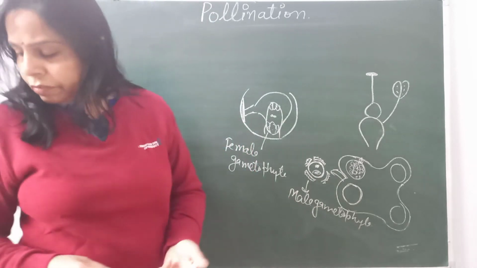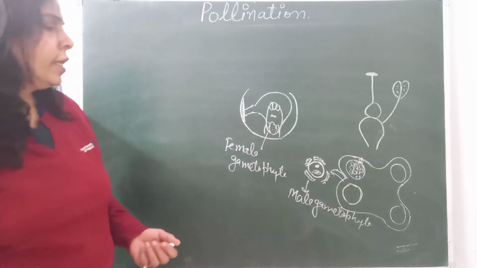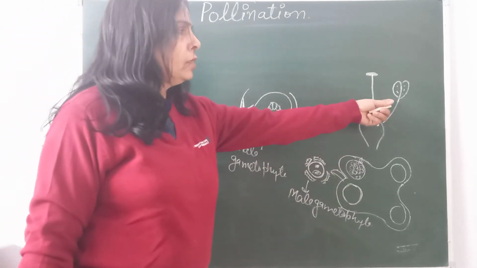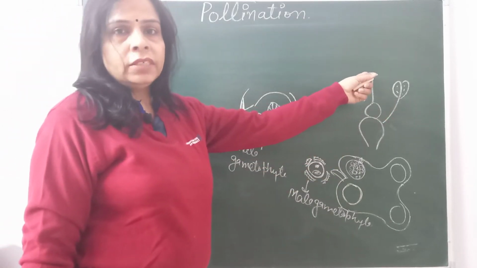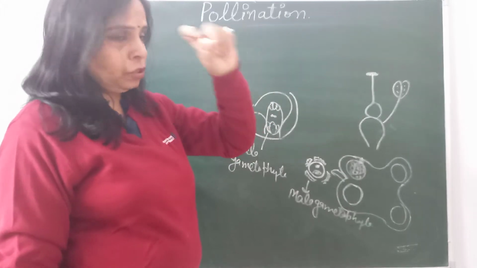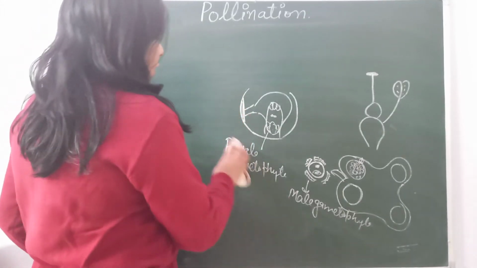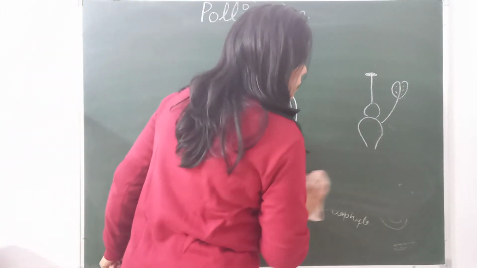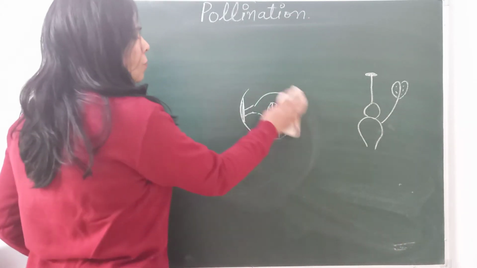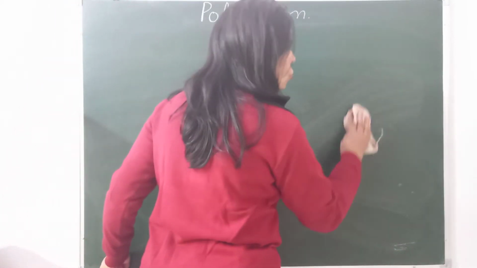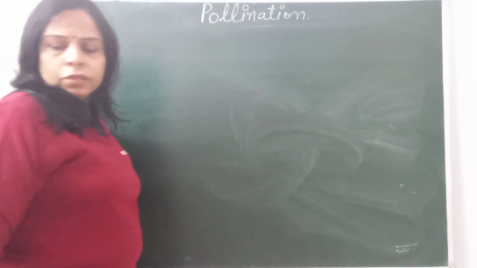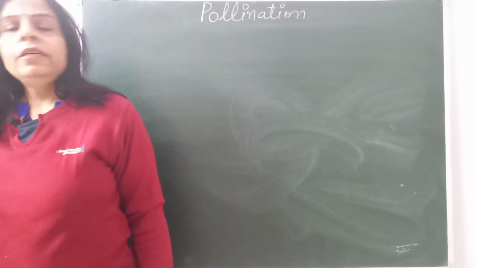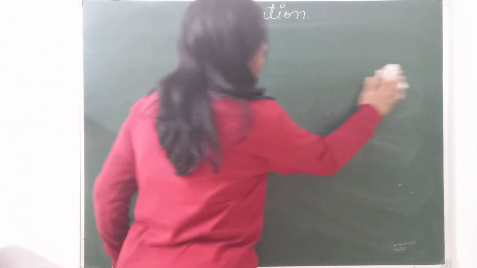Now today's topic is transfer of pollen grains from anther to stigma of the flower, that is known as pollination. So let us start with that. I hope till microsporogenesis and megasporogenesis there is no doubt. If there is any doubt, you can ask me in the comment section, right?